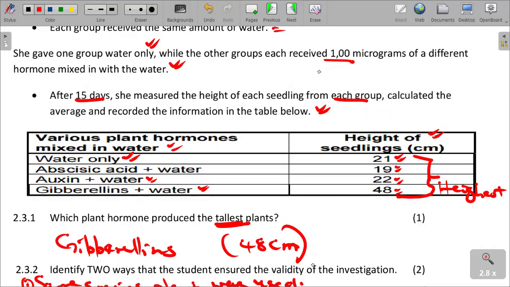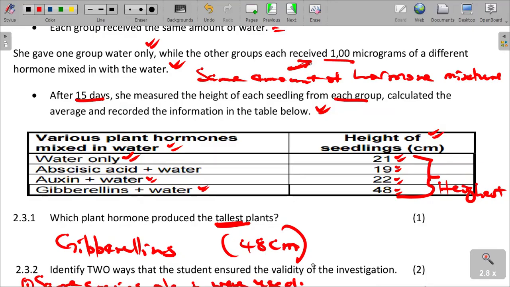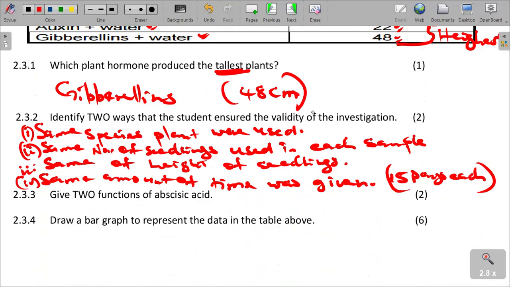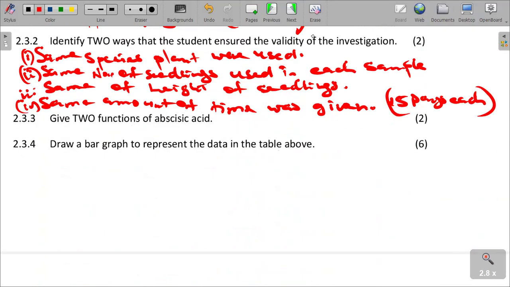So the same amount of hormone mixture in water was used, which is given there to say that 1.00 was used. All these are also points with regards to the validity of the investigation.